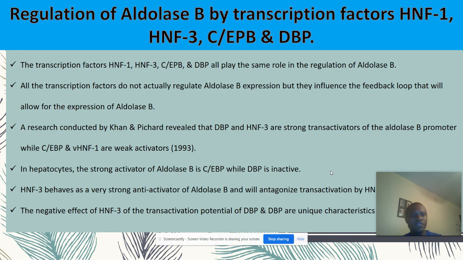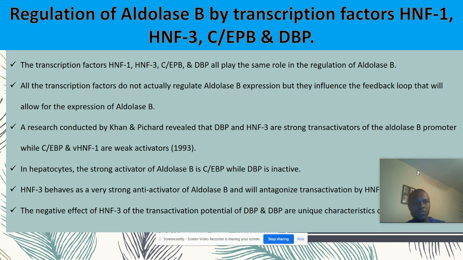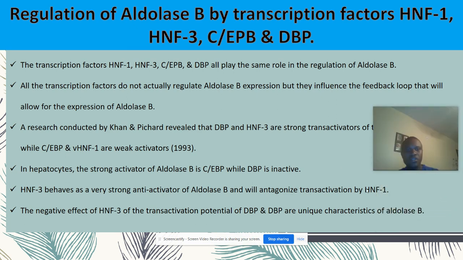HNF3 behaves like a very strong activator of aldolase B and will antagonize the transactivator HNF1. The negative effect of HNF3 on the transactivation potential of DBP is a unique characteristic of aldolase B.